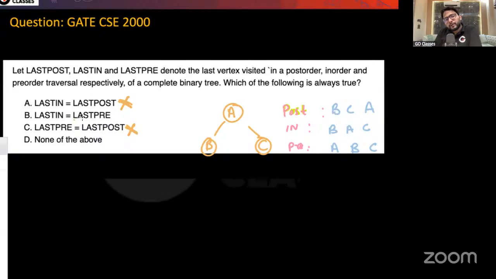Maybe last pre and last in are equal. So what is the in? In is left, root, and right. What is the pre? Pre is root, left, and right.